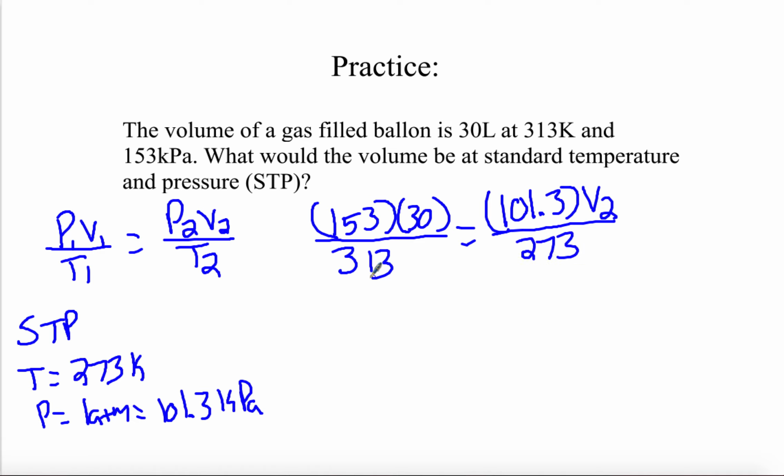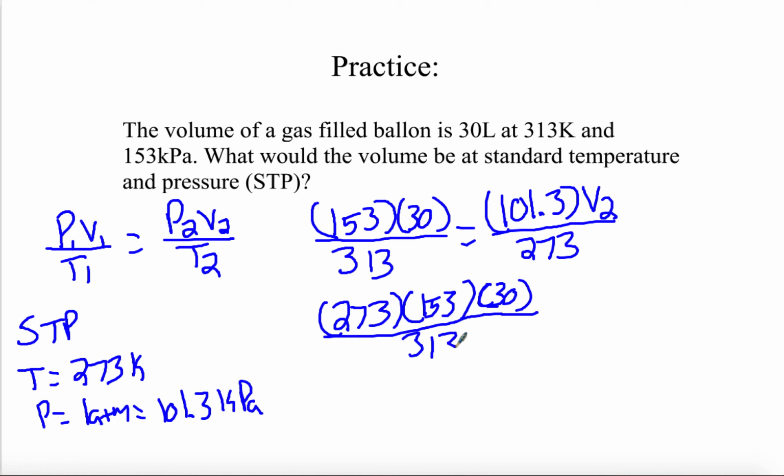If we're going to chip away to solve for V2, we multiply by 273 on both sides. So you get 273 times 153 times 30 divided by 313 equals 101.3 V2. Now we divide by 101.3 on both sides.